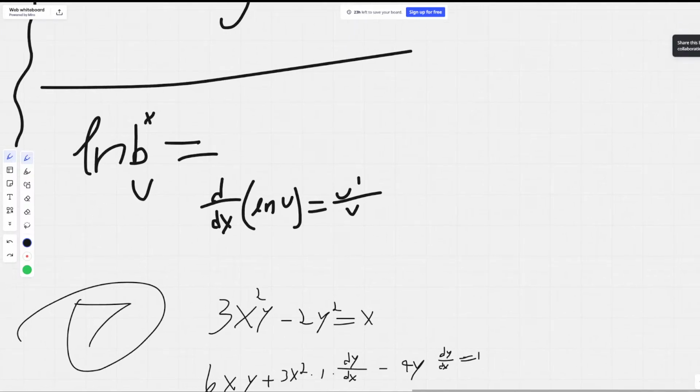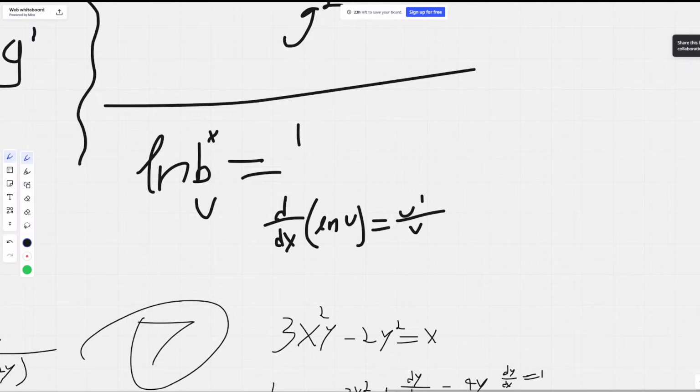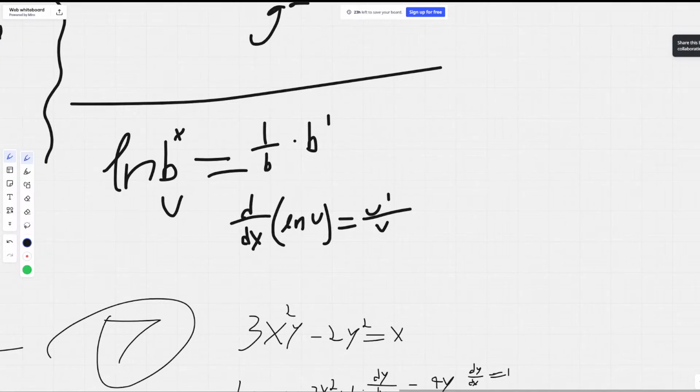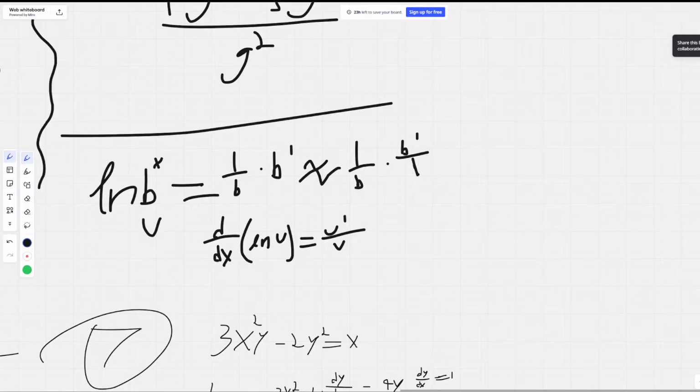So ln of u is the u prime over u, yeah, because it is 1 over b times b prime, which ends up making it 1 over b times b prime pretty much over 1. Which in theory turns to b prime over b, or u, or whatever you want to use.